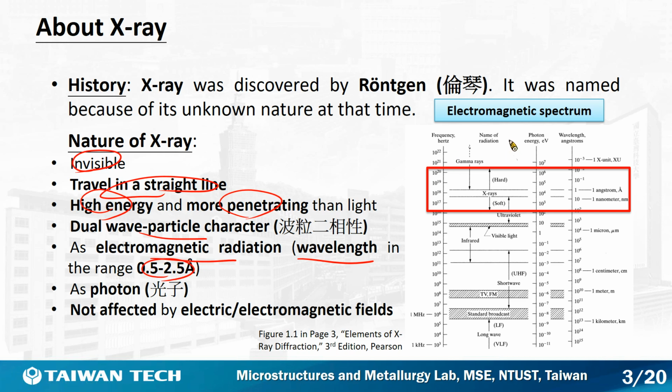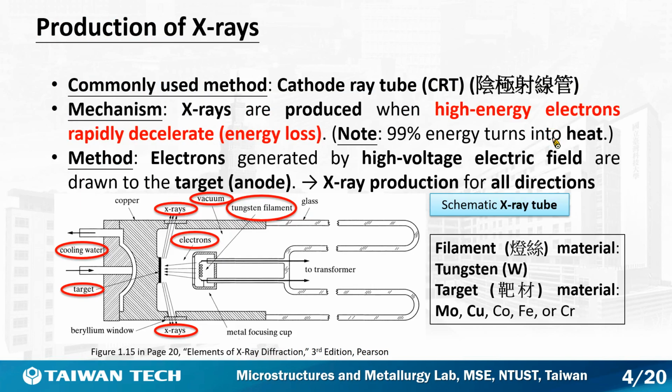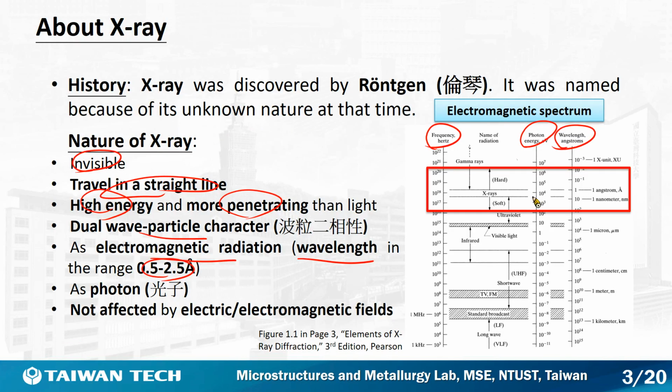You can see this is the electromagnetic spectrum. It shows different units, like frequencies. We can also represent it in photon energy or wavelengths. You can see that the X-ray is here.